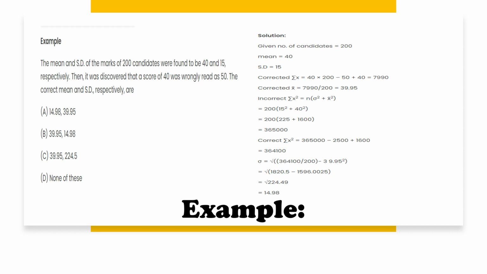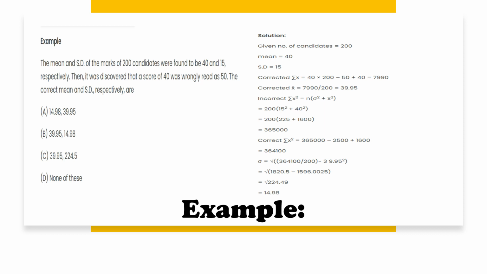Okay, next, here is an example for us to understand further how the standard deviation works in a certain problem. The mean and the standard deviation of marks of 200 candidates were found to be 40 and 15 respectively. Then it was discovered that the score of 40 was wrongly read as 50.